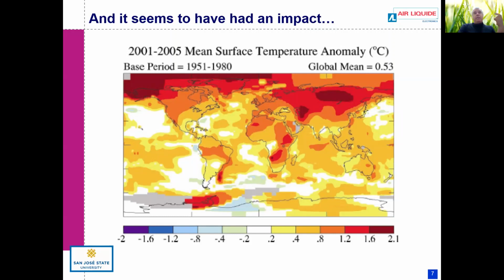Although in any given year, the total flux from humans is smaller than the total flux from the burning of biomass, right? Or the respiration and burning of biomass.